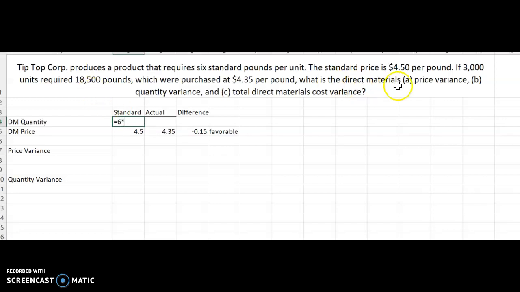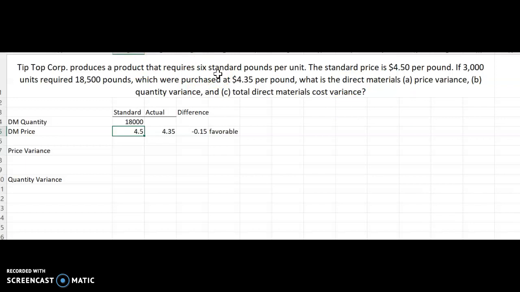And it says that we actually produced 3,000. And I am not able to type well today. So 18,000. And again, that is because it required 6 standard pounds per unit.